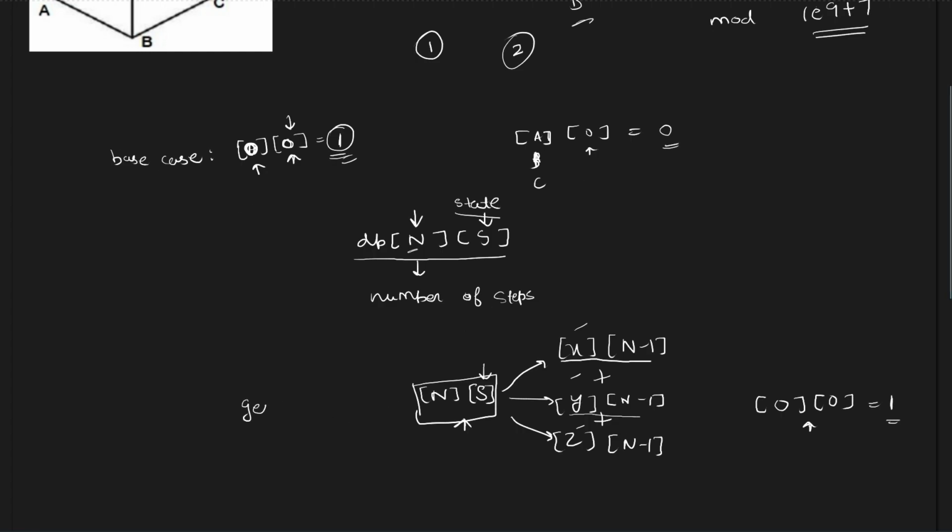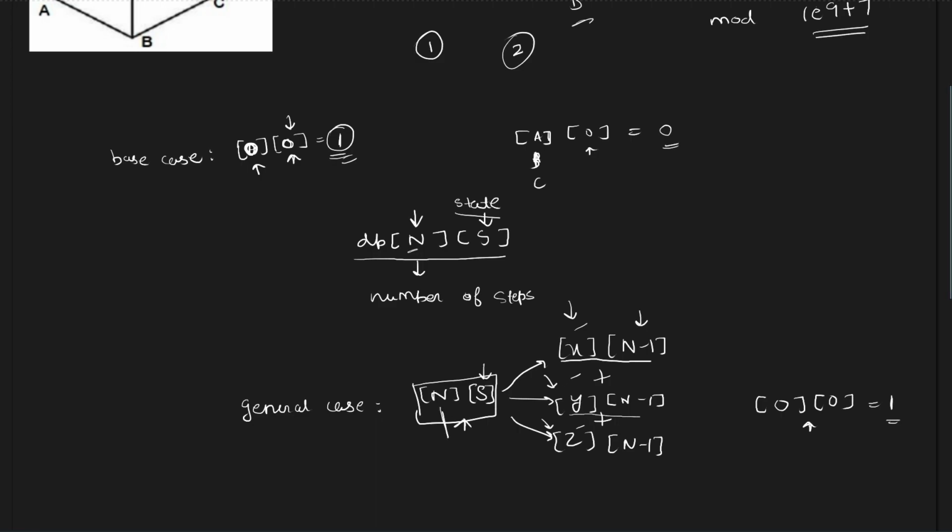Now, we have the general case here. What do we do in a general case? If we are at any state n comma s, then we realize that there are exactly 3 nodes that we can visit from it. From state s, we can go to exactly 3 other states. Let those 3 states be x, y and z. Now, whenever you visit one of these 3 states, the number of steps would be reduced by 1.